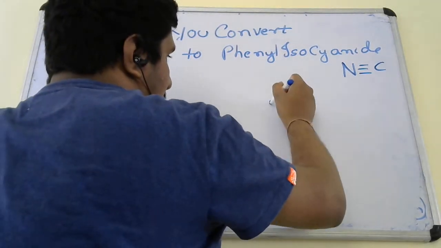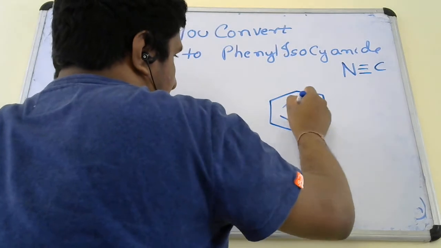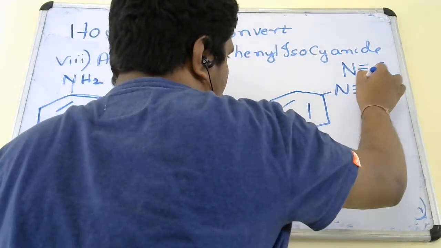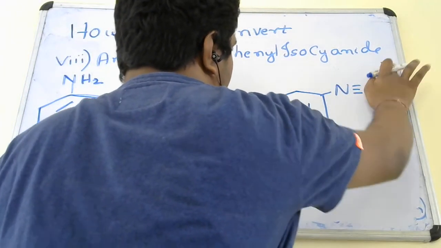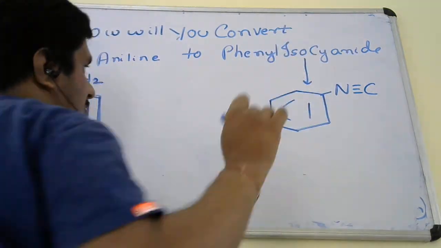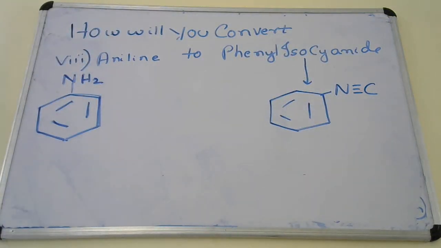So this is your benzene isocyanide. How to reach from aniline to benzene isocyanide?